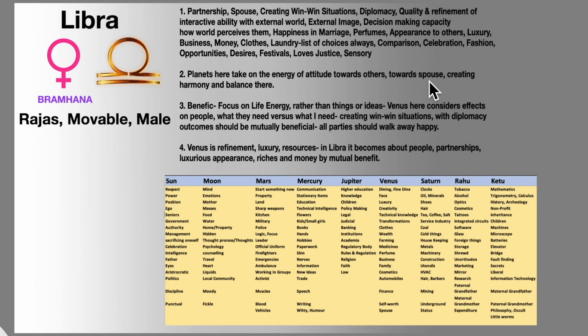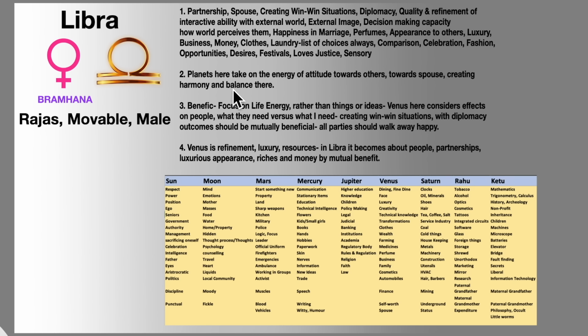Towards spouse. Choices about the spouse you make. What kind of qualities should my spouse have? Choices towards career maybe. See, if Libra is coming in the 10th house, for example, Capricorn ascendant, you'll be worried about your social status all the time, right? Creating harmony and balance over there.